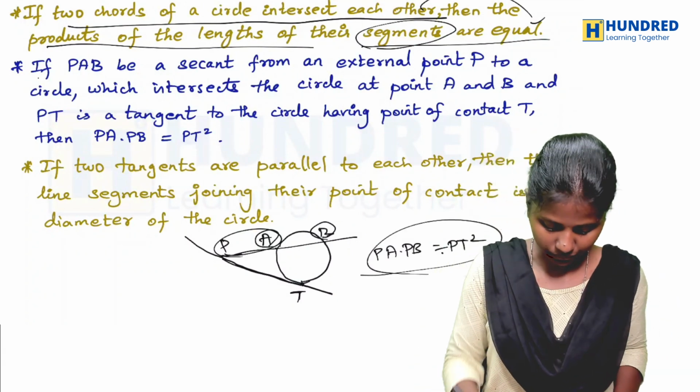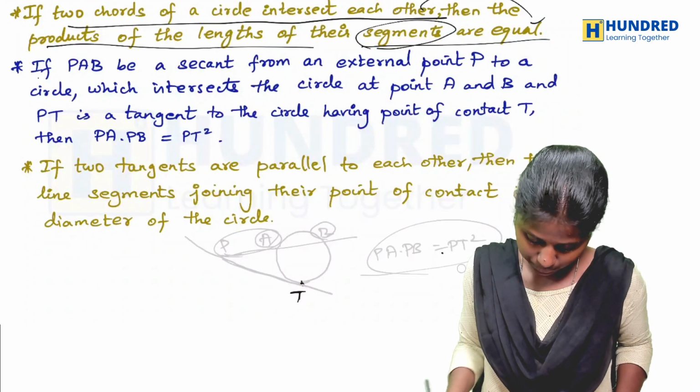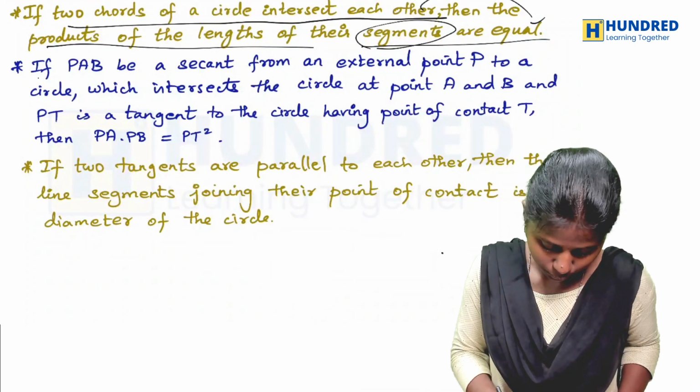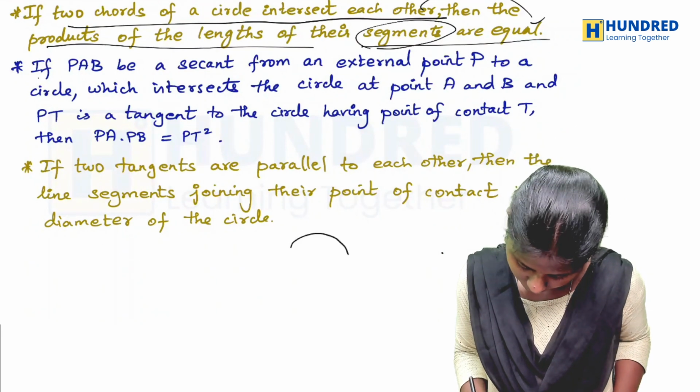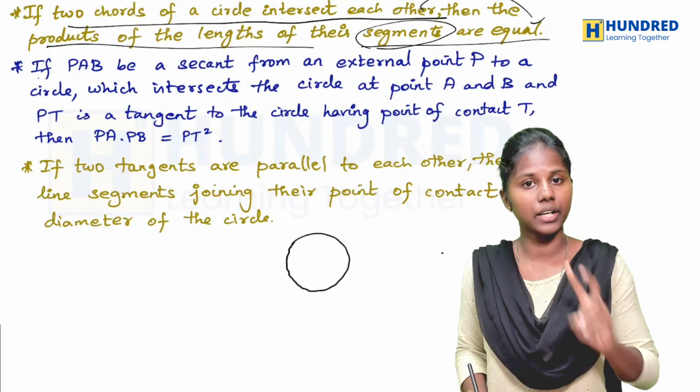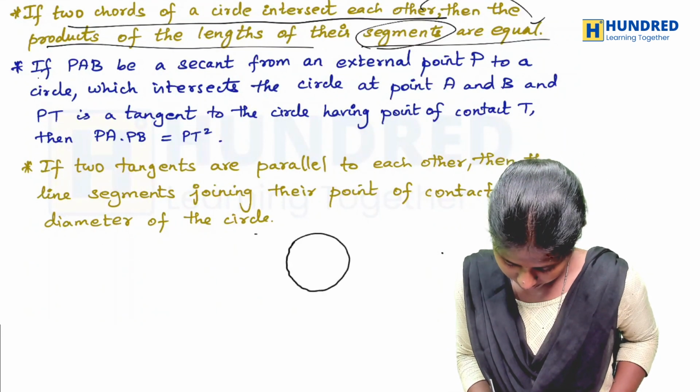Okay. Fine. Next we move on to the next point. If two tangents are parallel, we are making a circle and drawing two tangents.